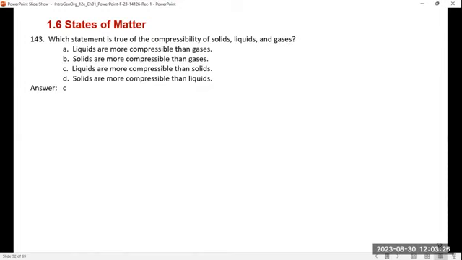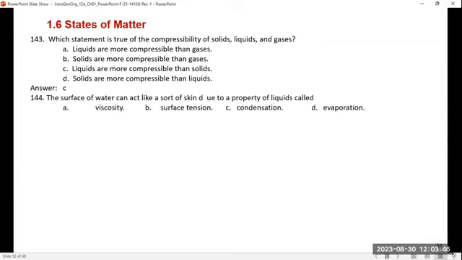Surface water on a lake or pond acts as if the surface has a skin, due to a property called surface tension. Therefore, on the surface, water molecules tend to maintain a skin. So the answer to that question is surface tension.